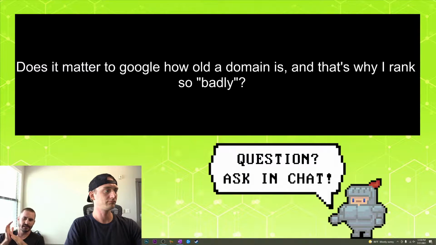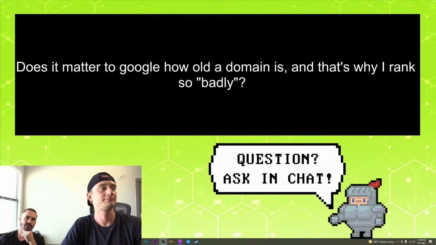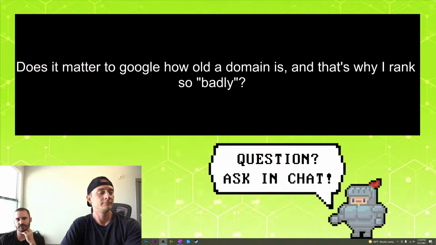So does a clean slate on a domain that's been registered for 15 years have value? Absolutely. If it has had a clean slate, so to speak, in the form of not being spammed out, not being used for nefarious practice, things that can be traced by Google, then it's going to be a more solid foundation than something that's newer, and it'll kind of break a sort of trust flow.